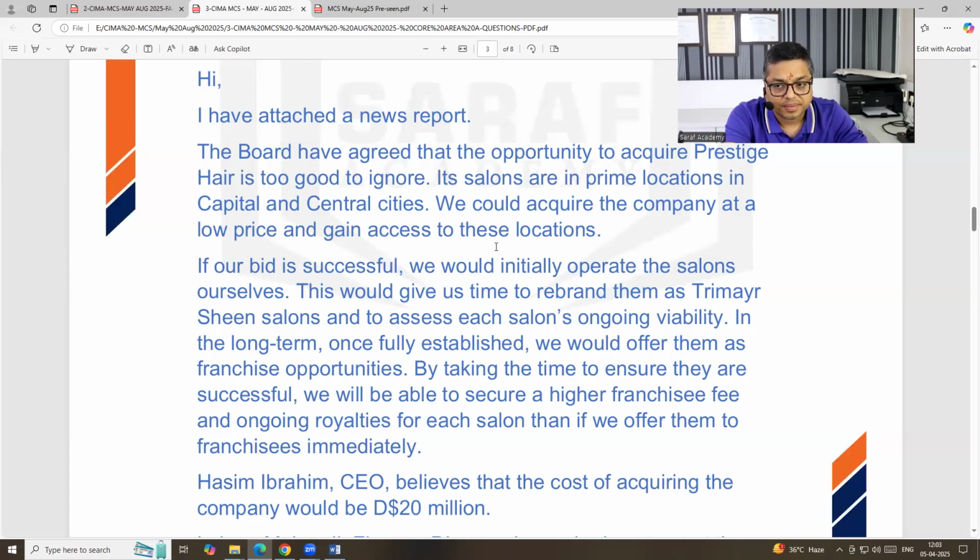By using that rate, we will calculate present value of cash flows, and we will compare the total present value of all the years with the investment we are making today, like $20 million. And we will calculate if there is a positive net present value or negative net present value. So this is one of the methods we can decide whether we have to take up this project or not.